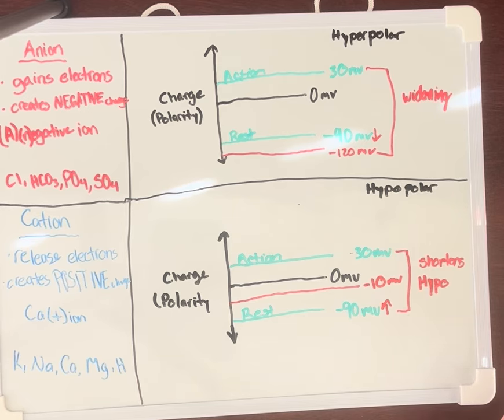So muscle twitching, that one, that's the biggest one. But basically, it's going to make them feel very agitated, very not right. The most common ones you're going to see with this are your hyperkalemia and hypernatremia. So too much potassium, too much sodium.